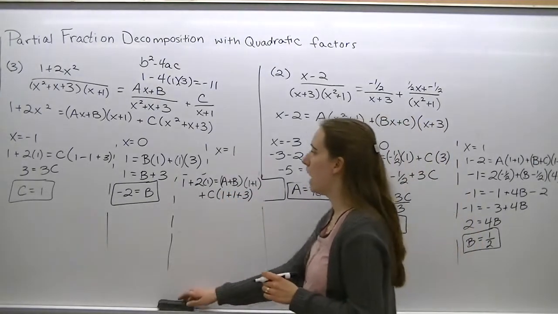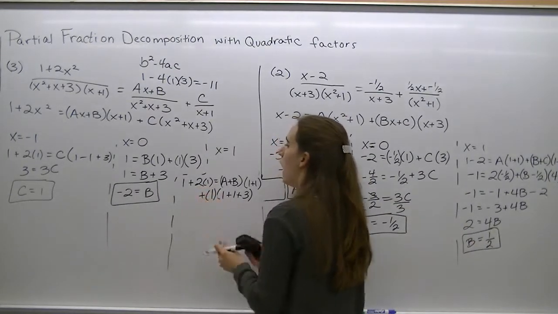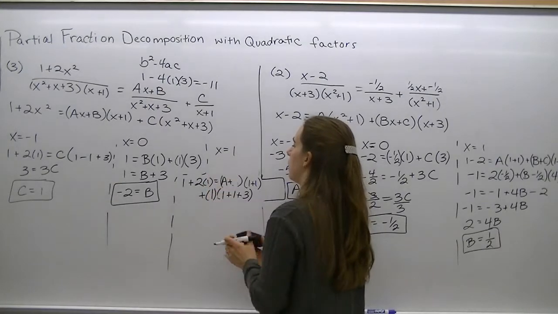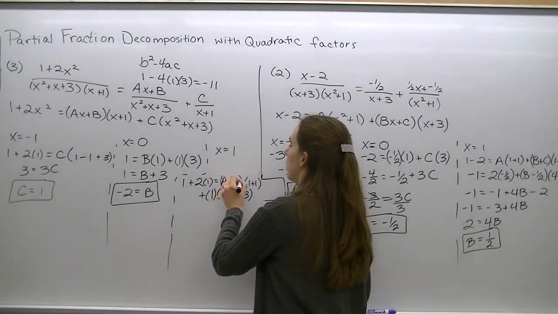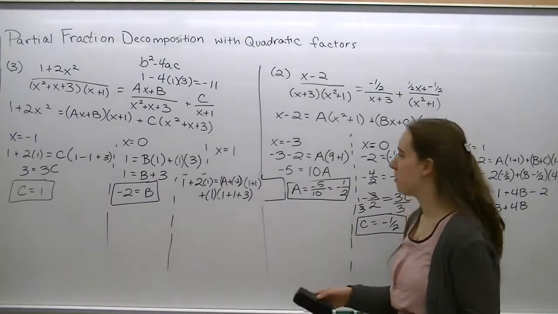But we know c, that's 1, and we know b, that's -2. So now we should be able to find a.